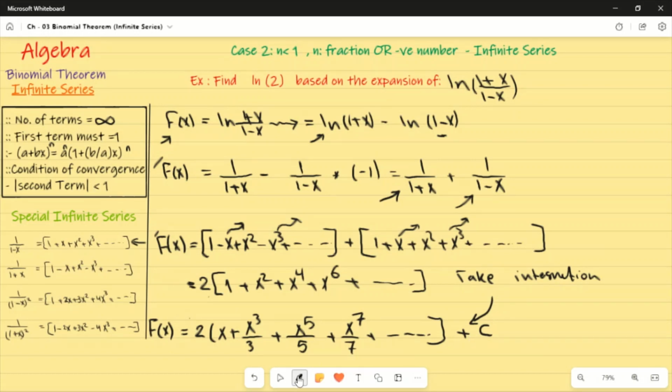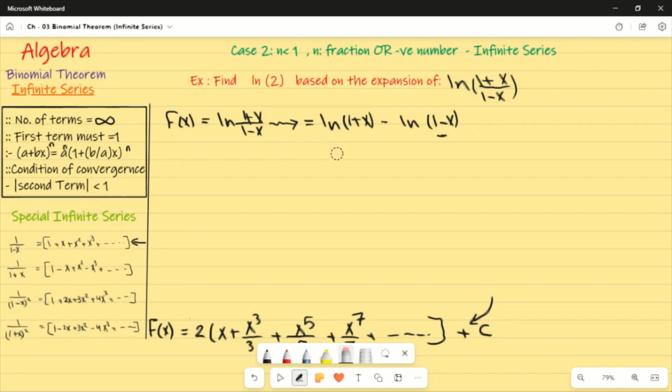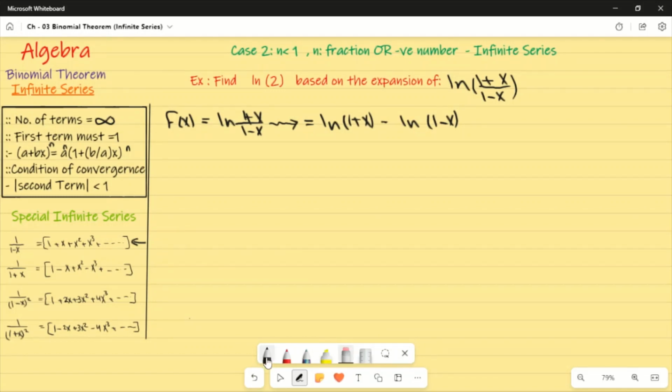And to find this constant, we are sure that x equals 0 is a common value in all conditions of convergence, as we take absolute x just less than 1. So 0 is in this domain or condition.